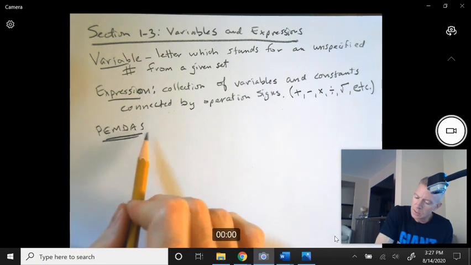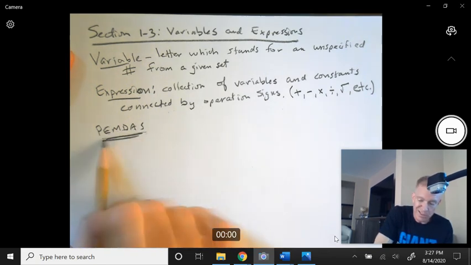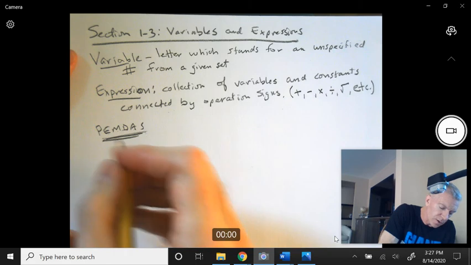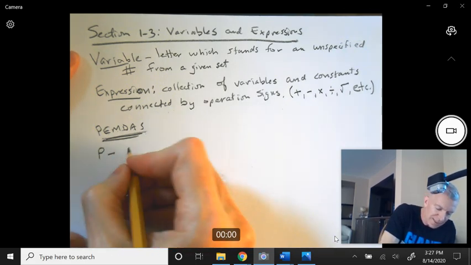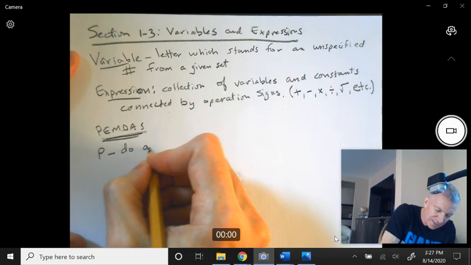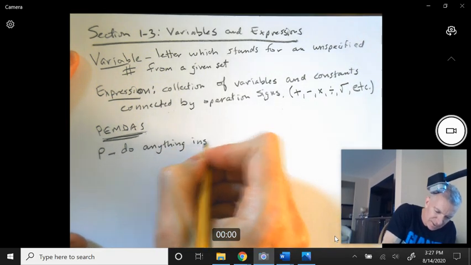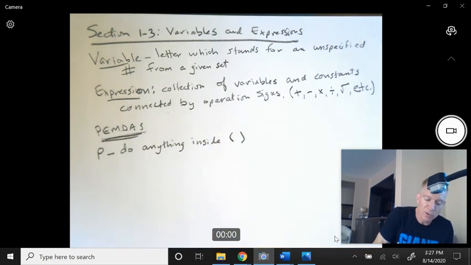And so our order of operations, this looks like a neat thing to use, but it can be really hard to follow if you don't understand what all these things mean. First of all, the P. You do the P first. The P means do anything or simplify anything inside the parentheses. Okay. If there's multiple parentheses, you do start at the innermost parentheses.